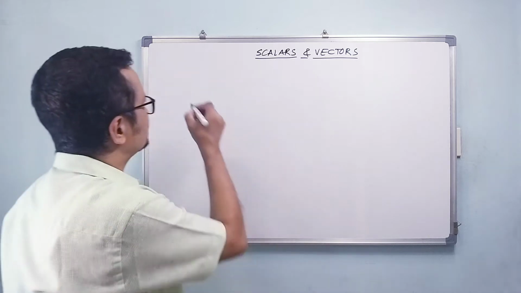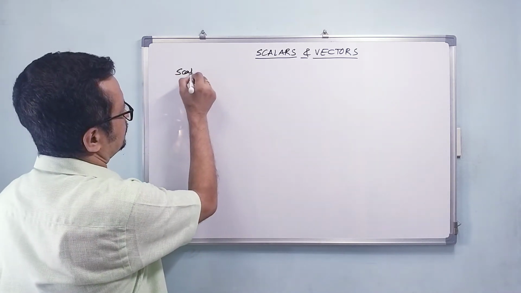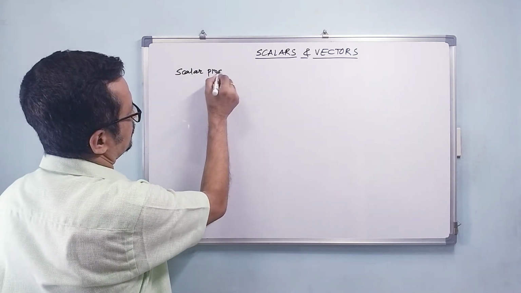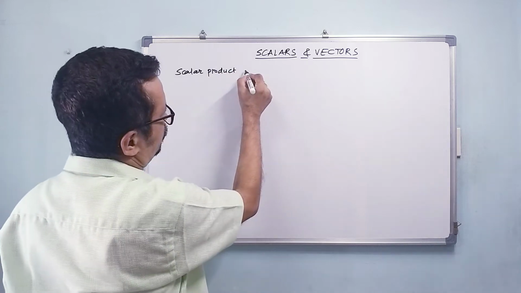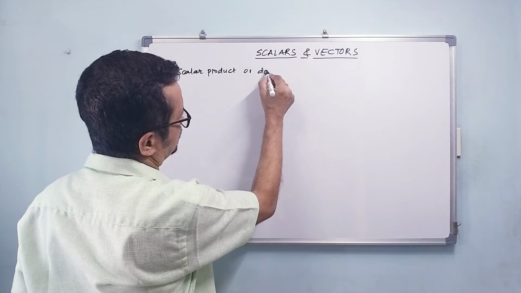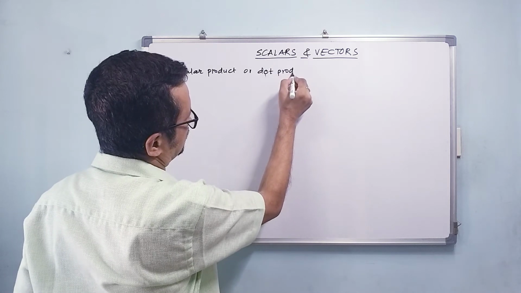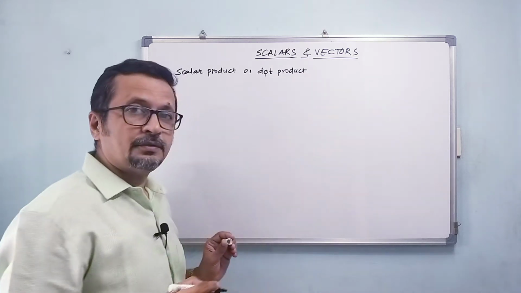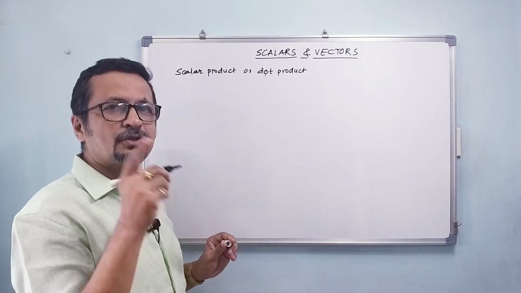Now this scalar product is also called dot product, and the vector product is also called a cross product.